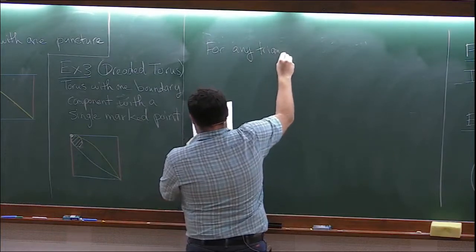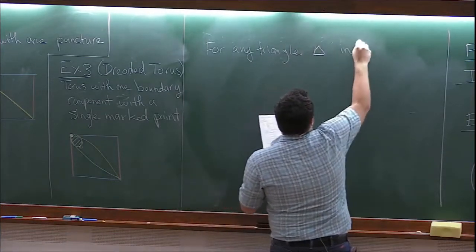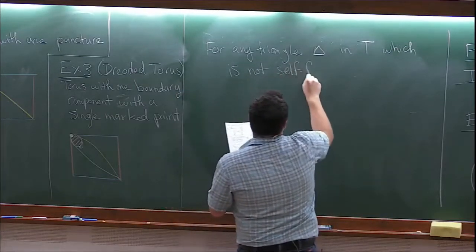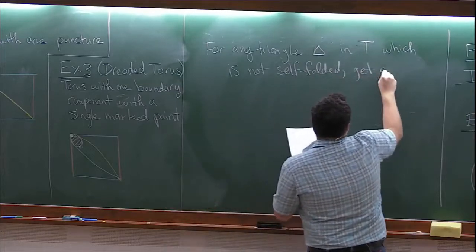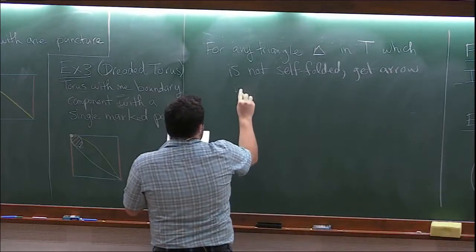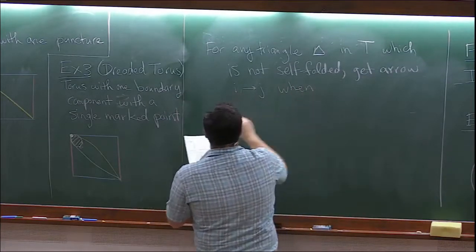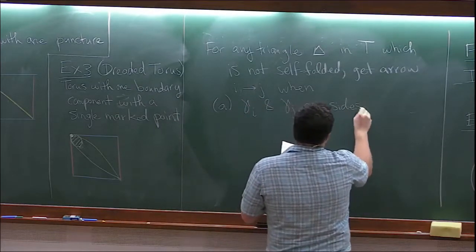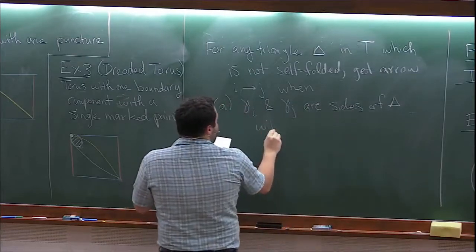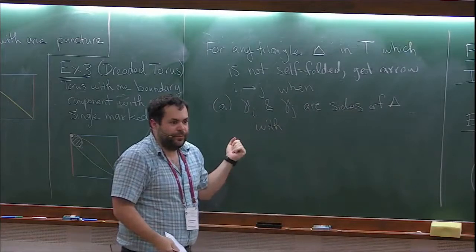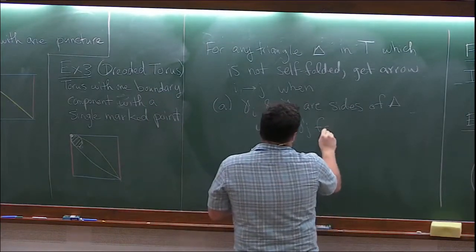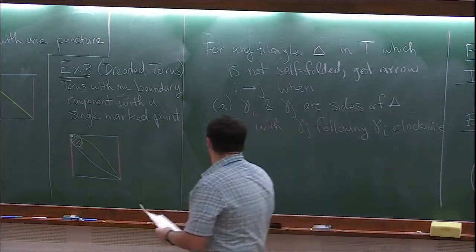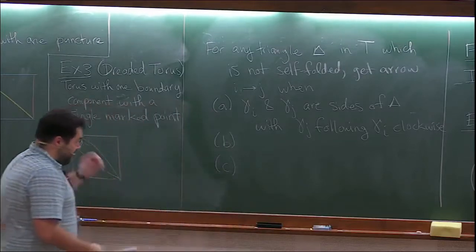For any triangle in your triangulation which is not self-folded, you get an arrow from i to j when gamma i and gamma j are sides of that triangle, with gamma j coming after gamma i clockwise. Same thing as before.